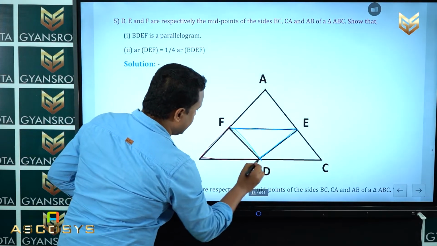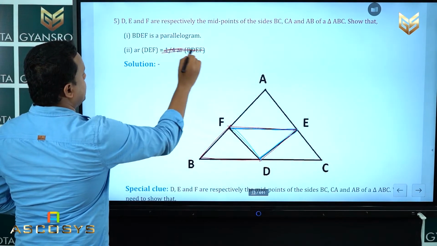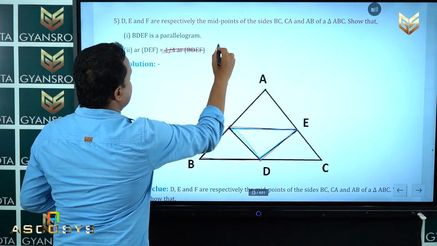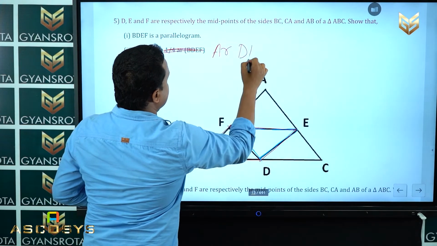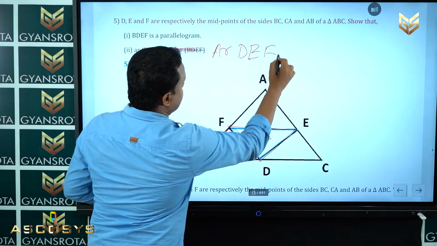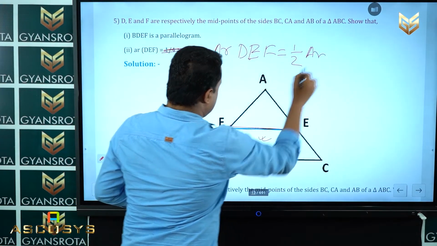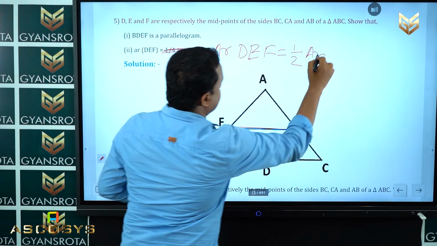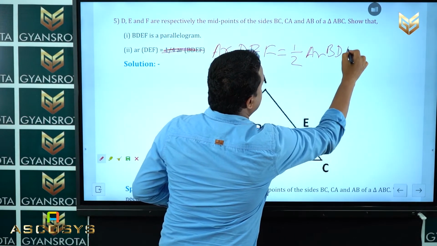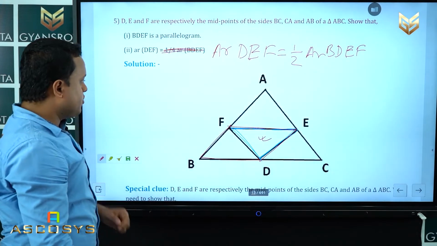Here it is wrongly written. So what we have to show is that the area of DEF, the area of this triangle, equals half of the area of the parallelogram BDEF. So how are we going to do that?